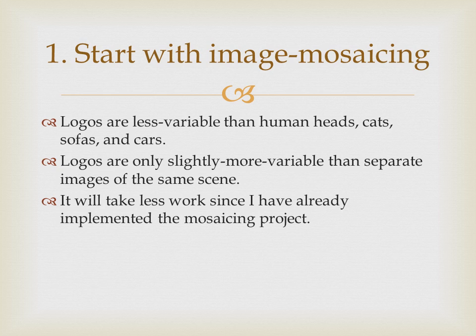There are so many different ways a face can look, but there aren't that many different ways a flyer's logo can appear. And they are a bit more difficult than the image mosaicing photos that we used, but I thought I could account for that by making some changes that I'll talk about.